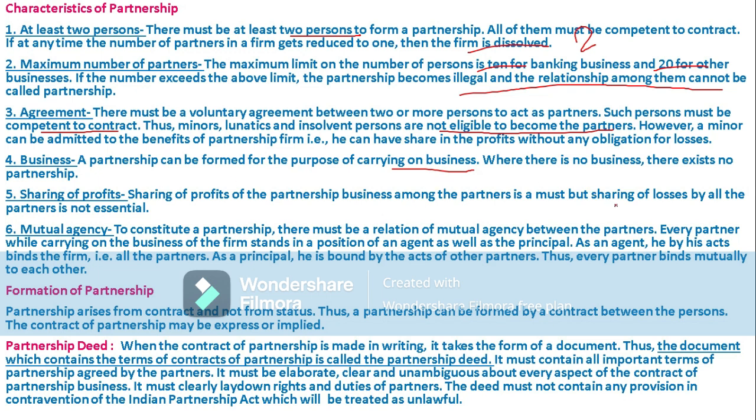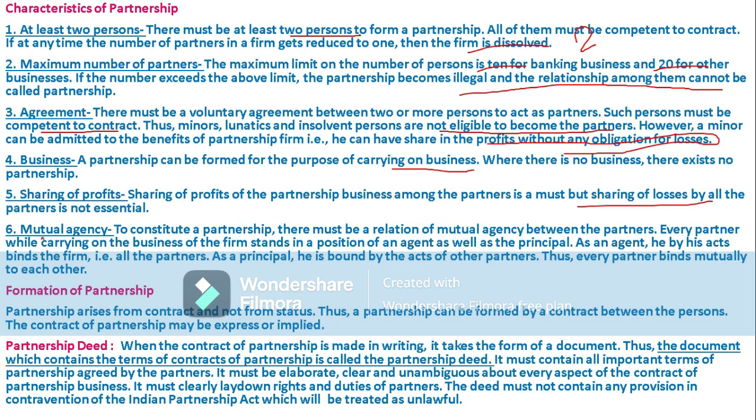So for example, if we take the minor's case, the minor may enjoy the profit but without any obligation of losses here. Okay, so likewise certain situations arise in this case. So that is why under the characteristics of partnership, sharing of profits has been given but not losses. Losses depend upon the situations.